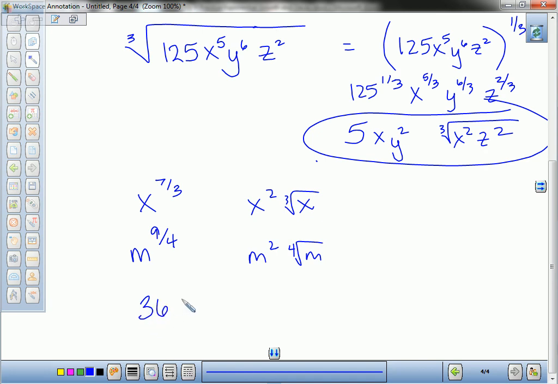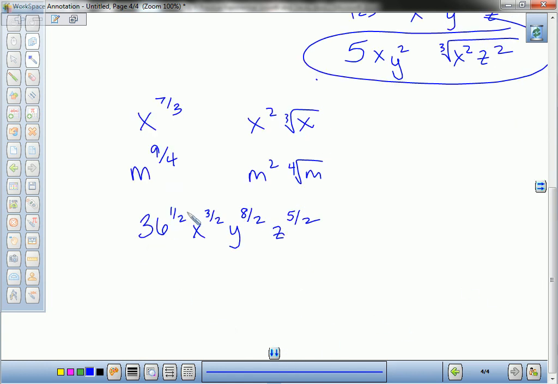What if we had 36 to the 1/2, x to the 3/2, y to the 8/2, z to the 5/2. What would that simplify to? 1/2 power means square root. So what's the square root of 36? 6. 2 goes into 3. 1 time.